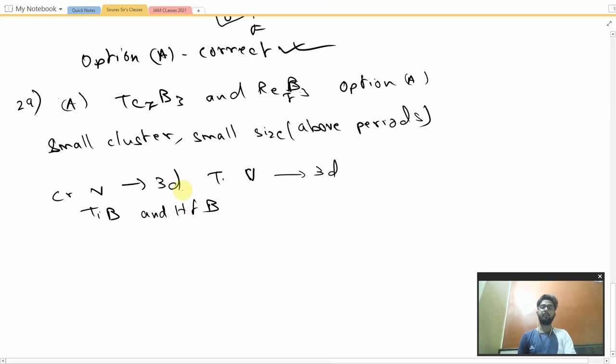I just pointed out the small size of the cluster. Here just one Hf is there, so the boron could bind easily. But in option A, both of them are 4D period elements, and still they have a very big cluster and also very big size, and therefore the boron cannot bind properly to the metal ions and therefore is isolated from the system. So option A here would be the correct option.